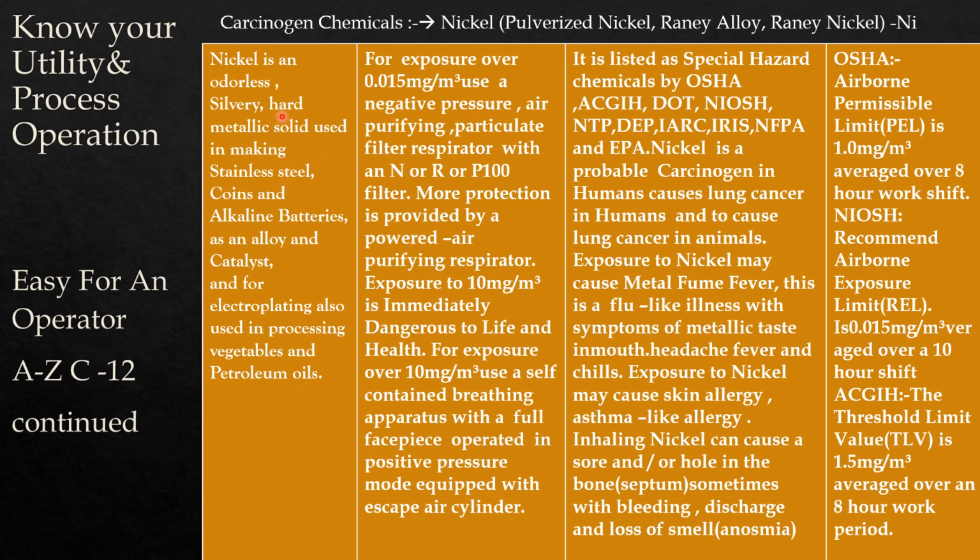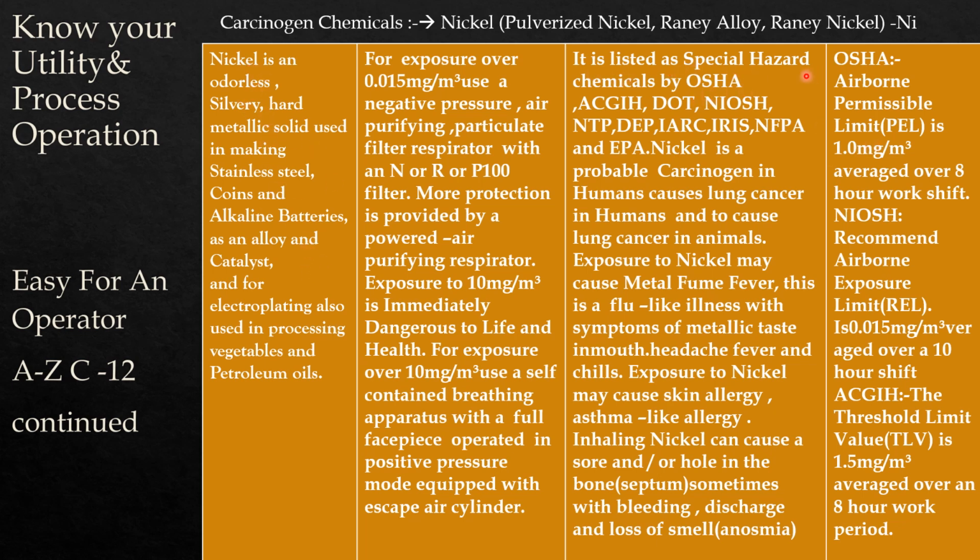You might have seen nickel used in electroplating, in small scale industries and in stainless steel production. So when we are using SS material, vessels or utensils, and they are damaged and nickel is exposed, you have to avoid it.